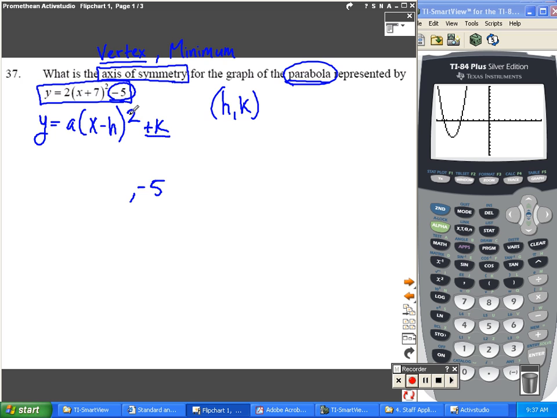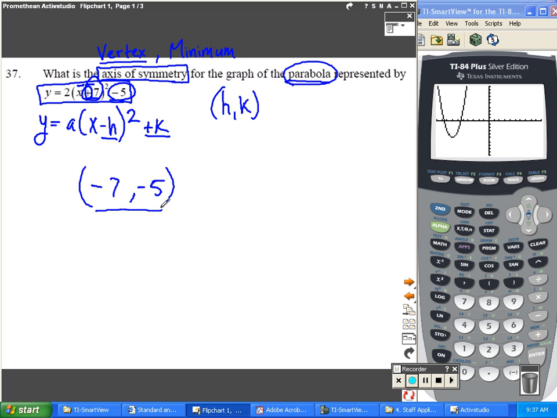And in this case, we have a positive 7 where our negative h should be. Well, how in the world does a positive come out of what should be a negative? Well, if you think back to integers, if you subtract a negative, that turns into a positive. So our h must be a negative 7.